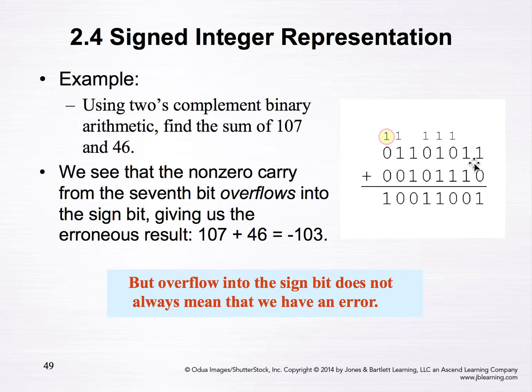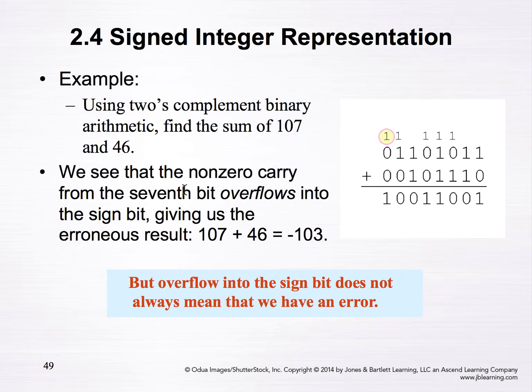So here's the 107, this is 46. We add them together: 1 plus 0 is 1. 1 plus 1 is 10, write out 0, carry 1. And so on, writing out 0 and carrying 1, then 1, 1, 1, write out 1 and carry 1, continuing until the final carry of 1 lands in the sign bit.